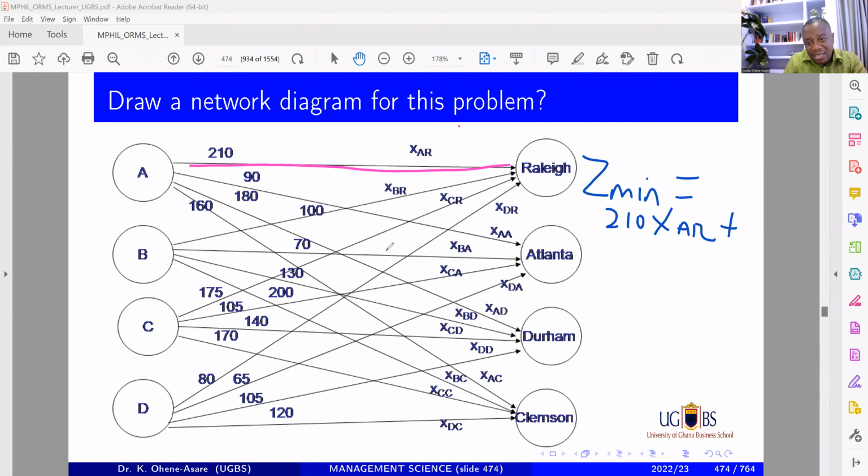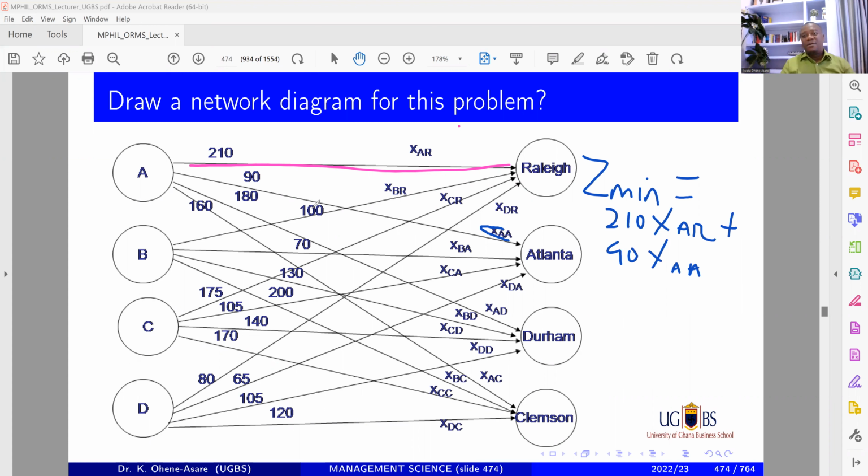It's 90 XAA. So plus 90 XAA. Then plus, and then you do all of that. You do each one of them. You're going to have 16 decision variables.